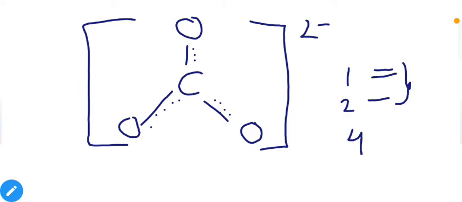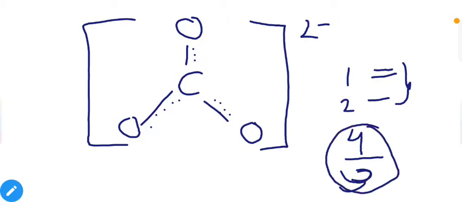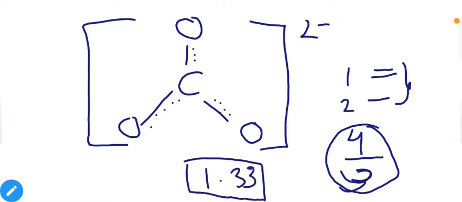So we have 4 bonds and 3 oxygen atoms. This will be the portion of the bond for each oxygen, 4 by 3 or 1.33. This will be the bond order of oxygen in CO3 2-.